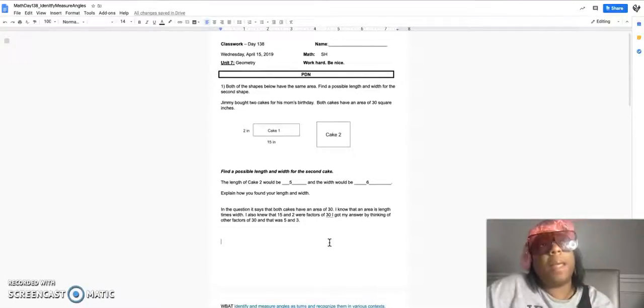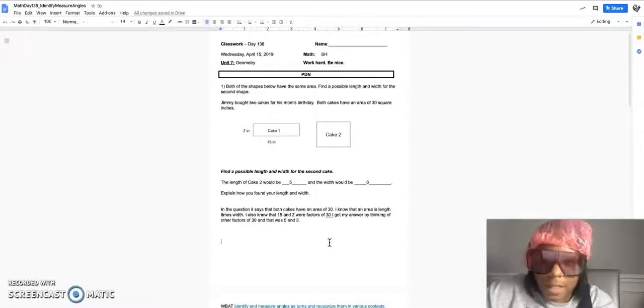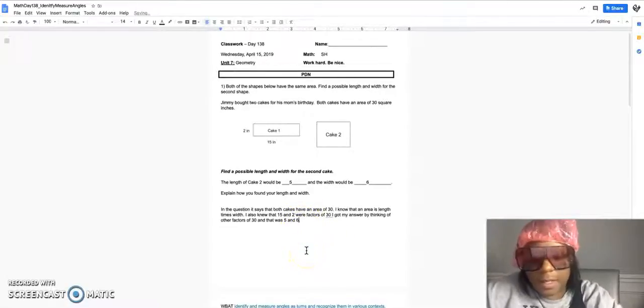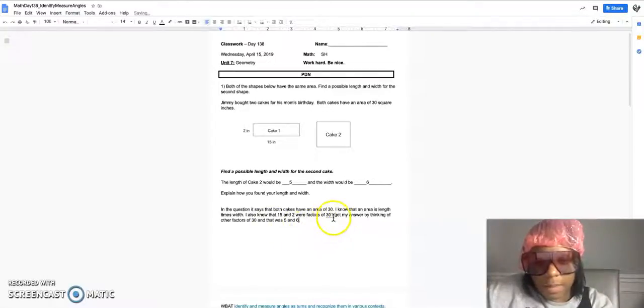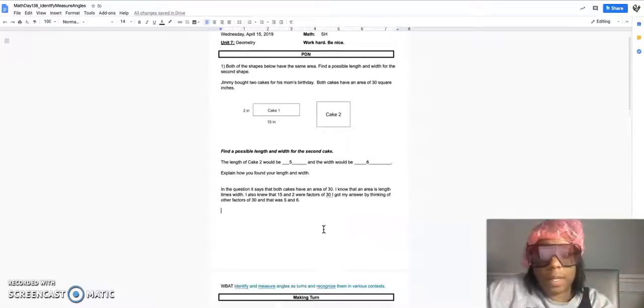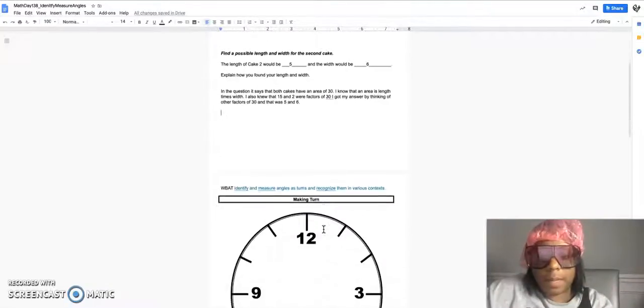So I thought, man, if 15 and 2 are factors of 30, all I have to do is think of 2 more factors of 30 to find my answer. And that's what I did. So when I was thinking about 30 as my answer, my factors had to be 5 and 6, because 5 times 6 equals 30. So that's the way we can explain the answer to our BDN.